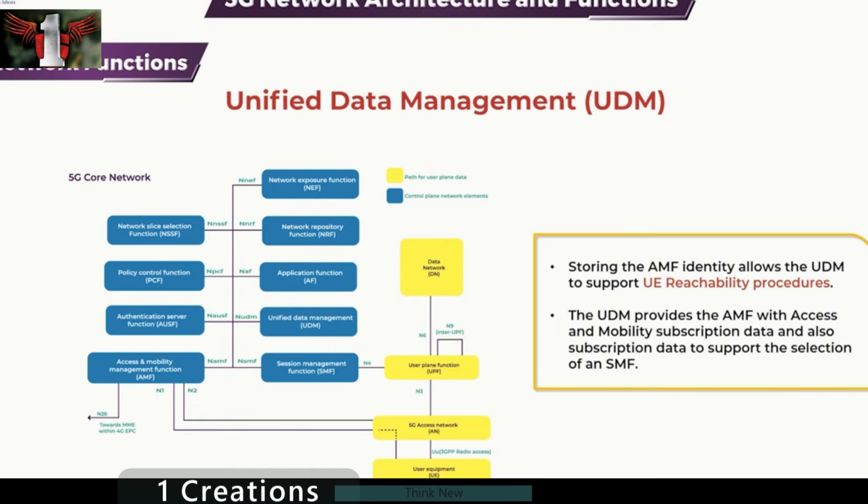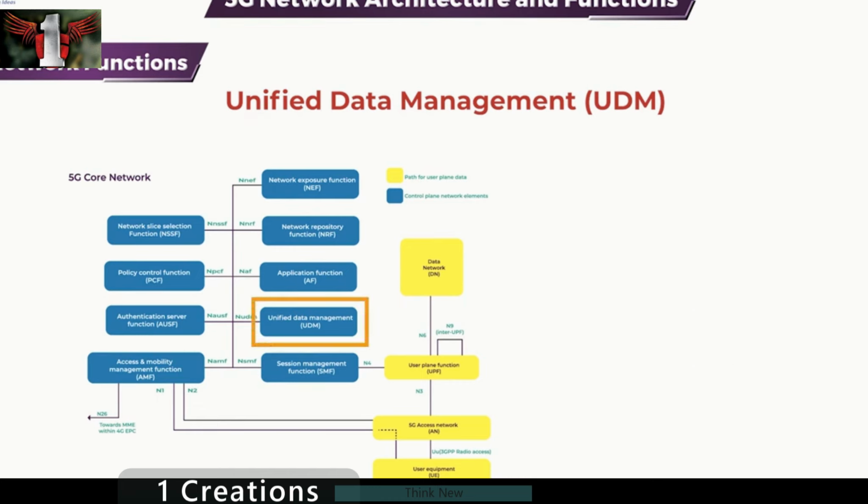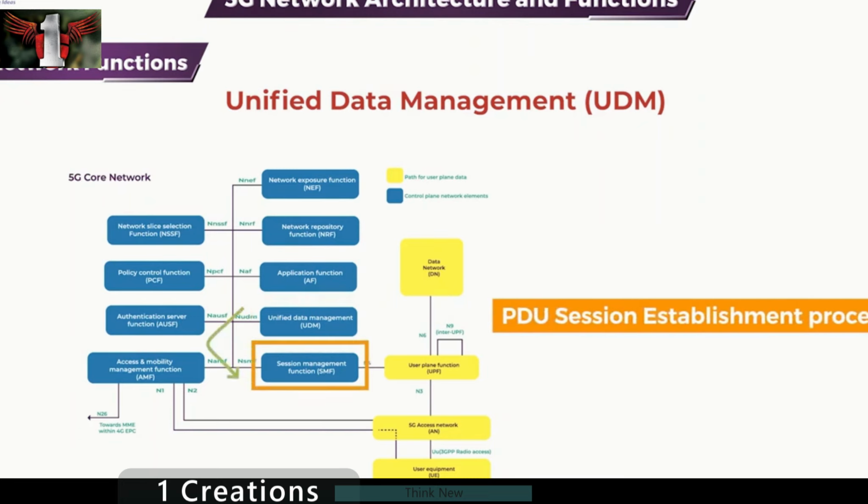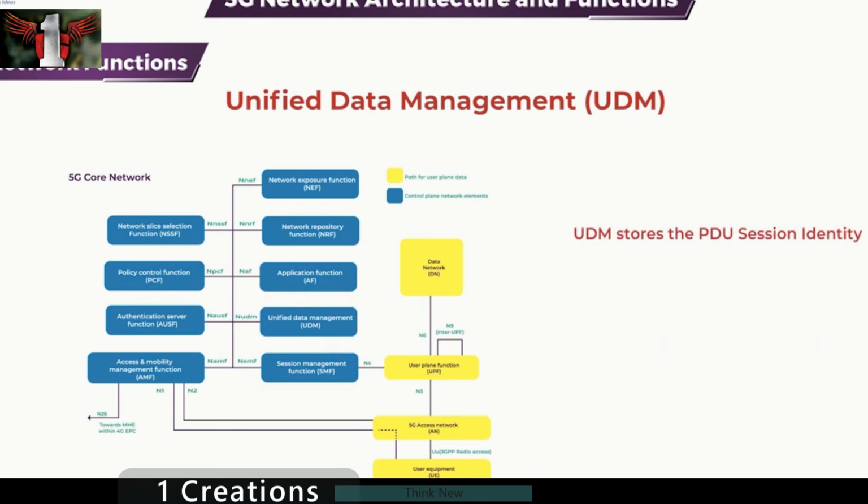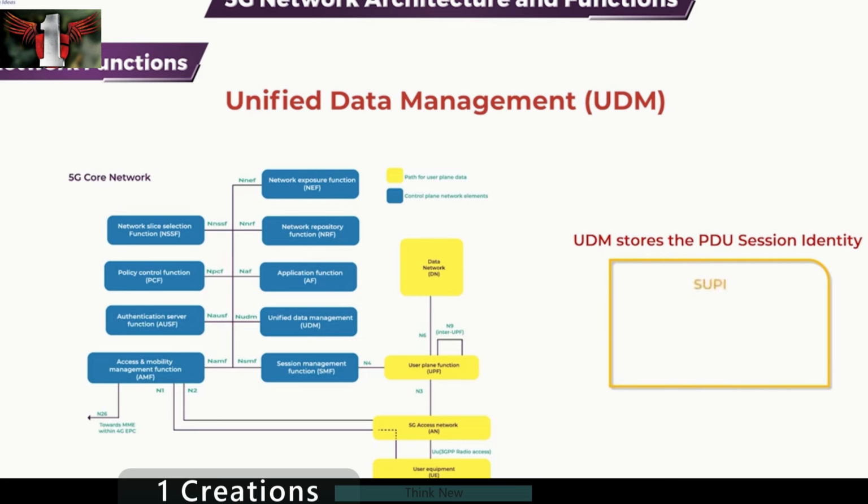The UDM interacts with the SMF during the PDU session establishment procedure. The UDM stores, or uses a UDR to store, the PDU session identity, the SUPI, the SMF identity, the SMF address, and data network name, DNN.